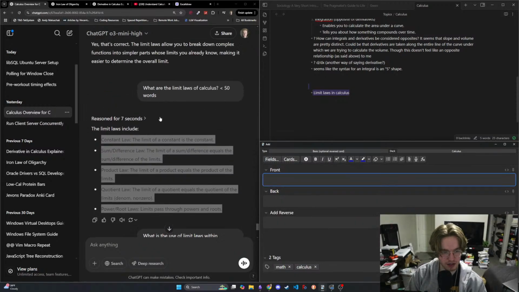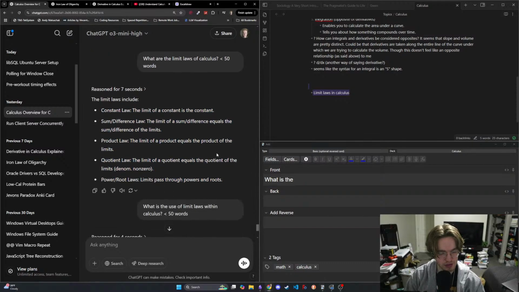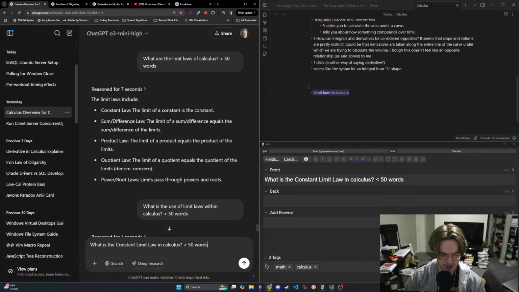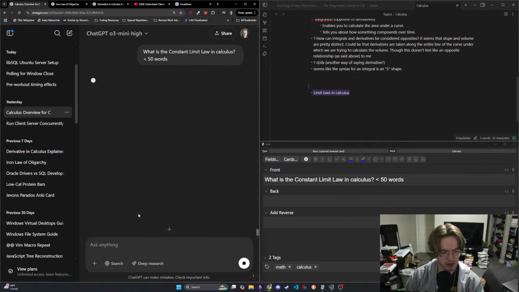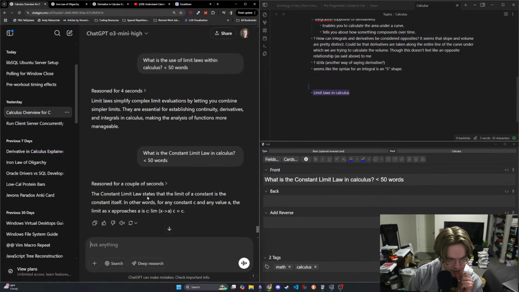Okay, and then what is the constant limit law? What is the constant limit law? Okay, we'll see if this is the right way of asking it. I think it is, but I'm unsure. The constant limit law. Okay, perfect.